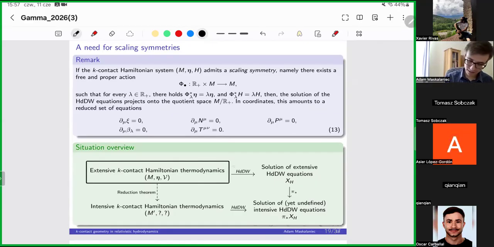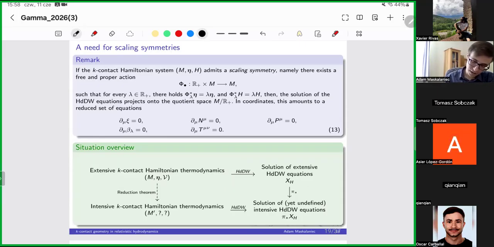Then, applying those Hamilton-de Donder-Weyl equations, one may solve our physical problems and moreover analyze the number of these pseudo-gauge degrees of freedom. And then using the scaling symmetry, we would like to project our solutions to obtain some physically relevant solutions.